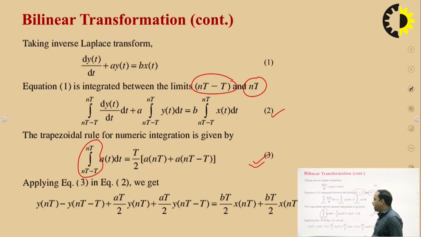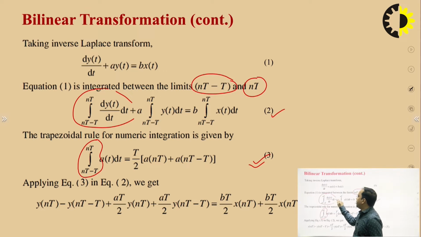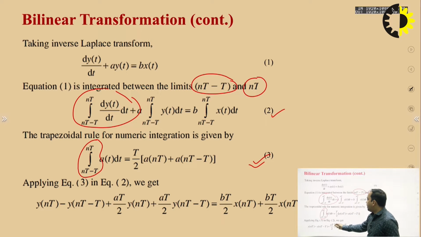On the left hand side, the integration and differentiation cancel out, and we get y(nT) minus y(nT minus T), the lower limit, plus AT by 2 times y(nT) plus y(nT minus T).